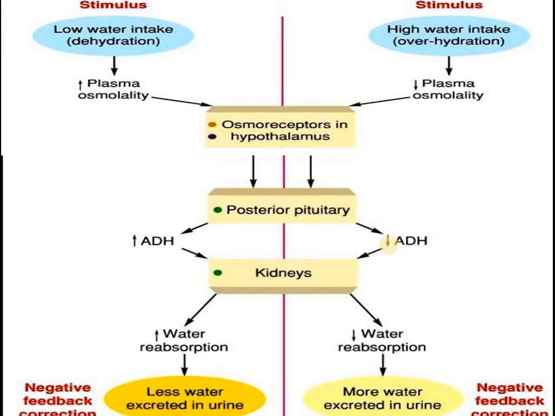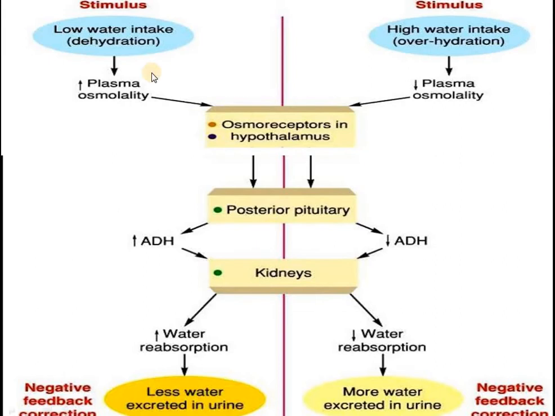So the ADH concentration in the blood will be lower, and it will allow the kidney not to absorb a lot of water, and more would be excreted out in the urine. So we can say that whenever we are overhydrated, the urine produced by that person would be dilute, or would have higher volume, or would be less concentrated.